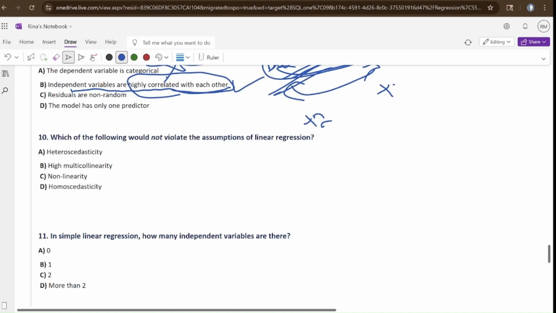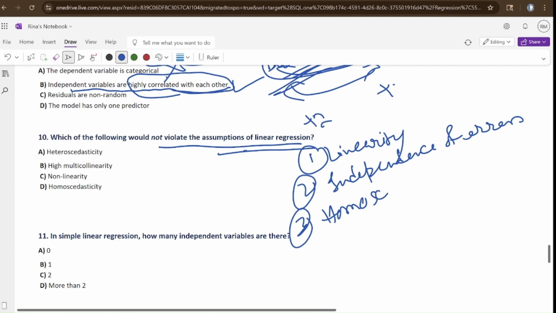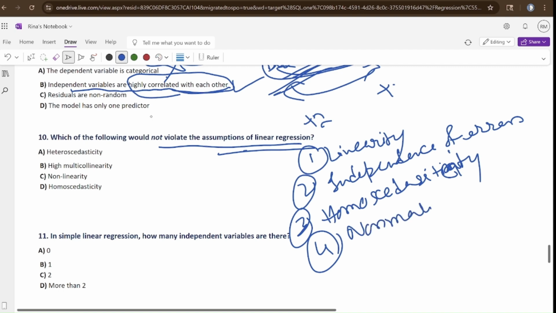Now next question. Which of the following would not violate the assumptions of linear regression? See, the assumptions are: first, linearity; second, independence of error, that is, one error should not be dependent on another; third, homoscedasticity, that is, the spread of residuals should be equal, sorry for the spelling; fourth, normality of residuals.